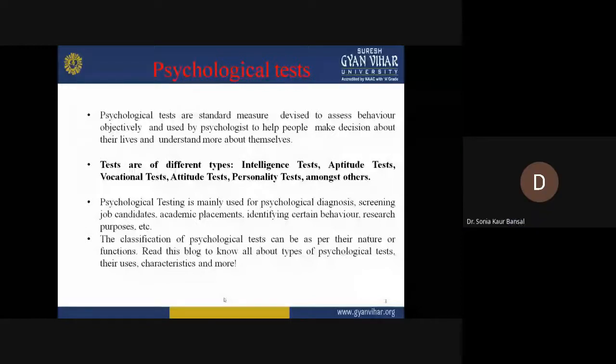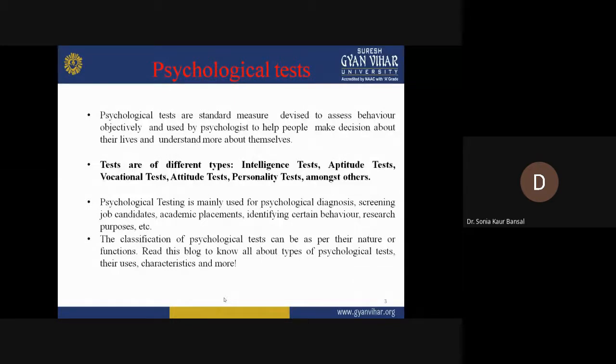Tests are of different types, students: intelligence test, aptitude test, vocational test, personality test, creativity test, among others. These are the testing types we use according to psychological norms.